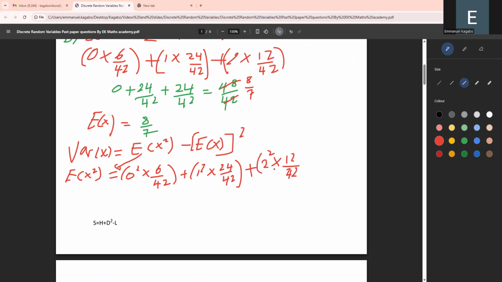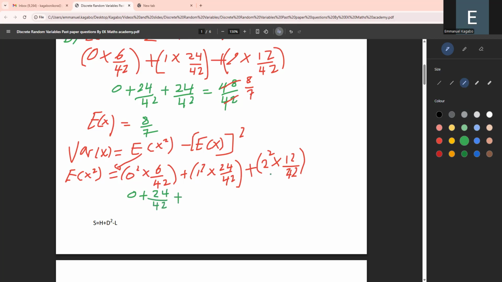Now, I need to simplify this very fast. Are you ready? Now, 0 squared times that will give me 0. It will give me 0 plus 1 squared, which is 1 times that. That will give me 24 over 42 altogether, guys.